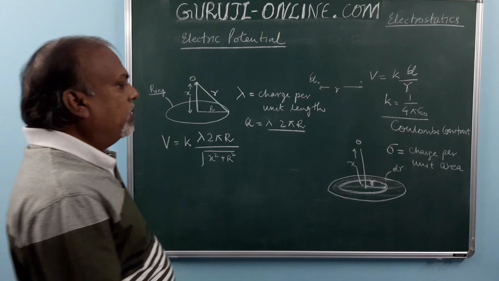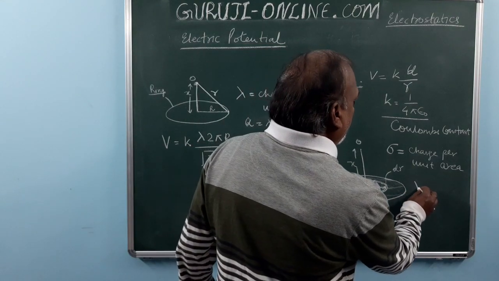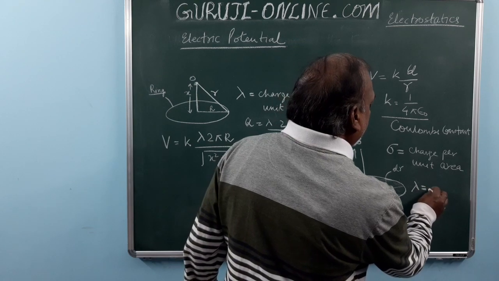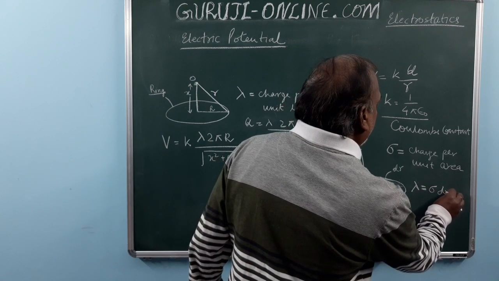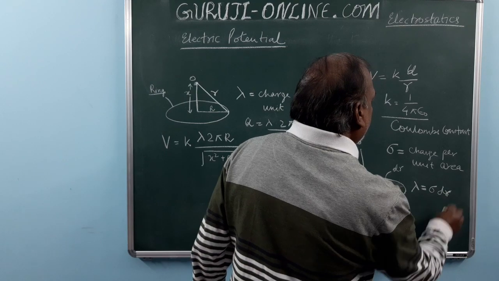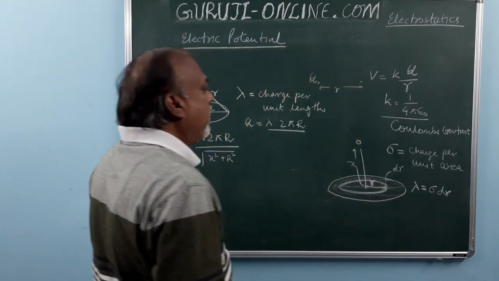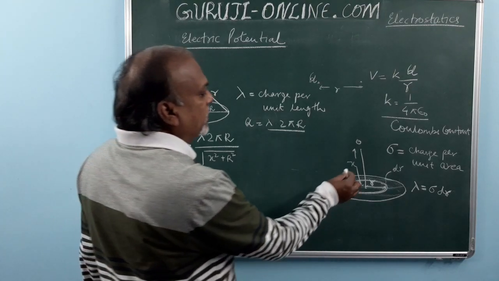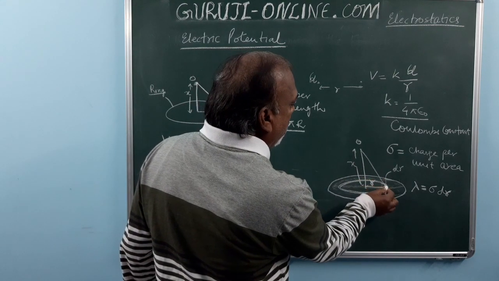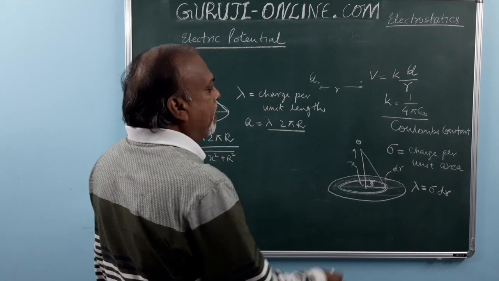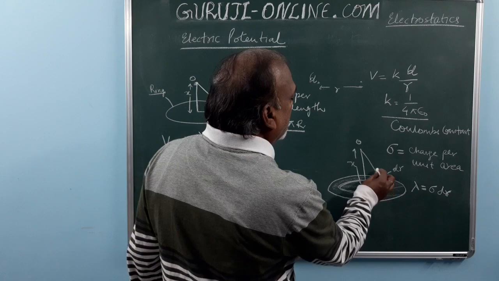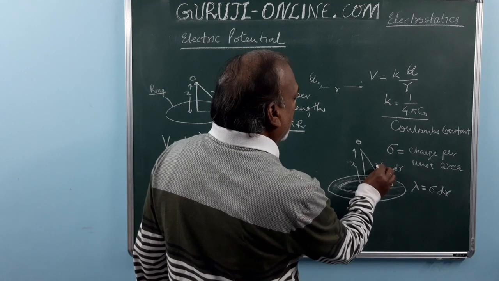So naturally your lambda, charge per unit length, will be sigma into dr. Suppose this distance is r dash.